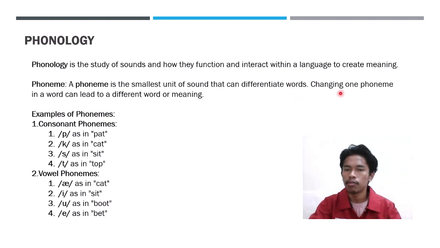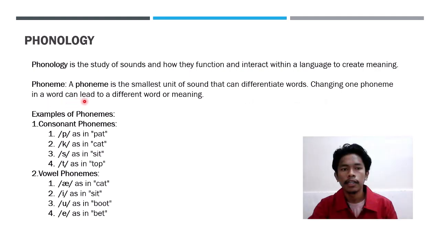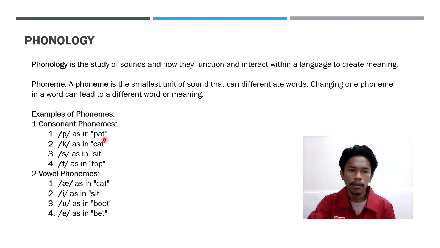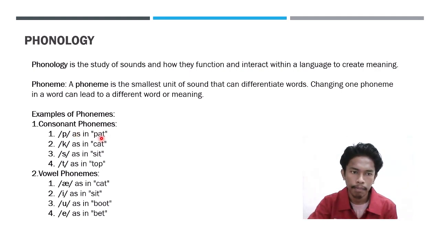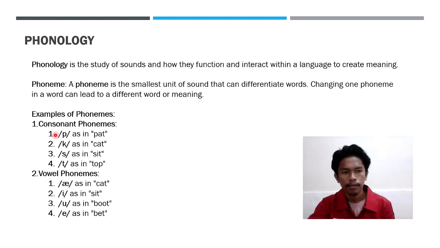Changing one phoneme in a word can lead to a different word or meaning. Examples of consonant phonemes, like the word pat. Here's the consonant p, pat.